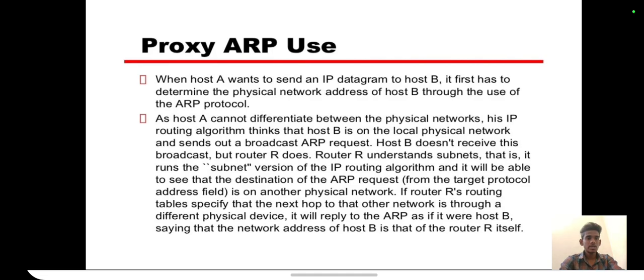Router R understands subnets, that is, it runs the subnet version of the IP routing algorithm, and it will be able to see that the destination of the ARP request, from the target protocol address field, is on another physical network. If router R's routing table specifies that the next hop to that other network is through a different physical device, it will reply to the ARP as if it were host B, saying that the network address of host B is that of the router R itself.